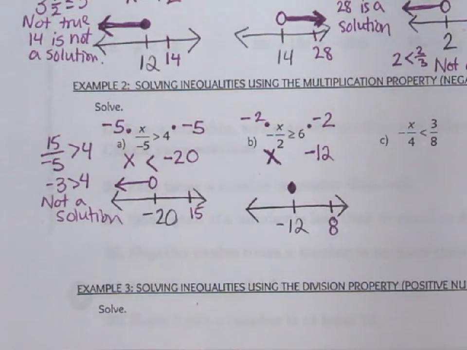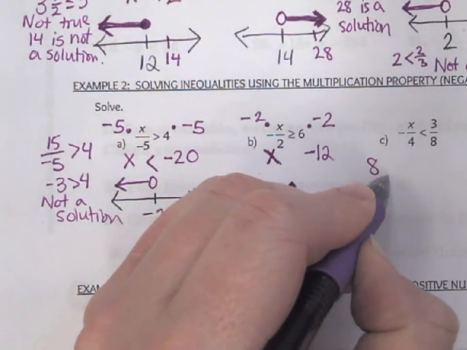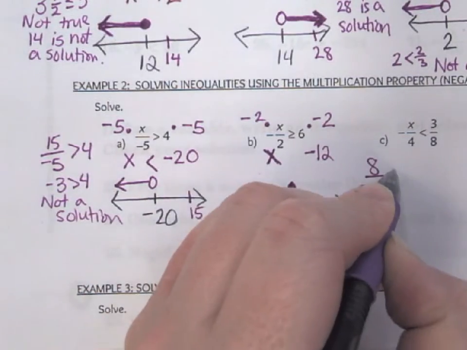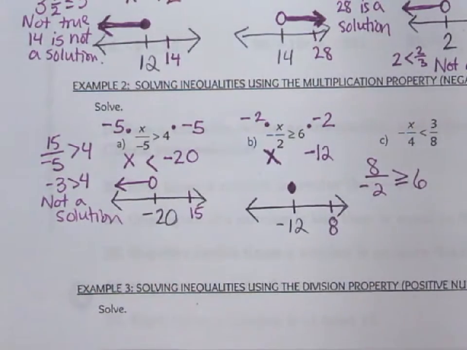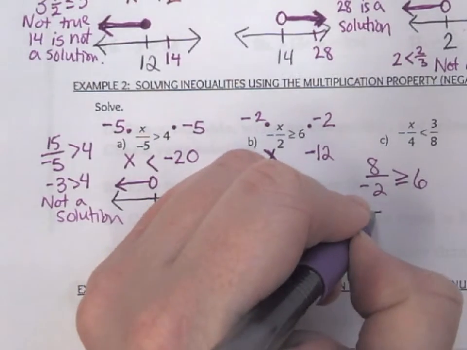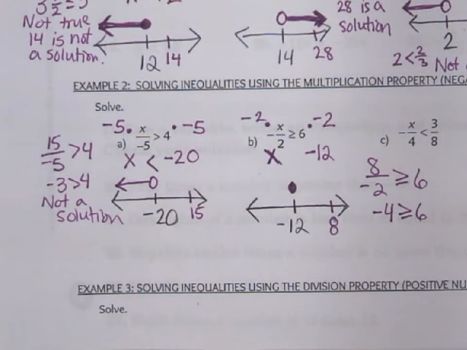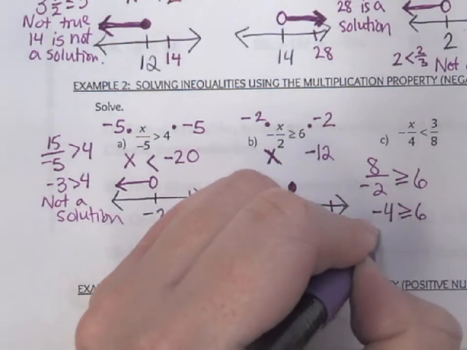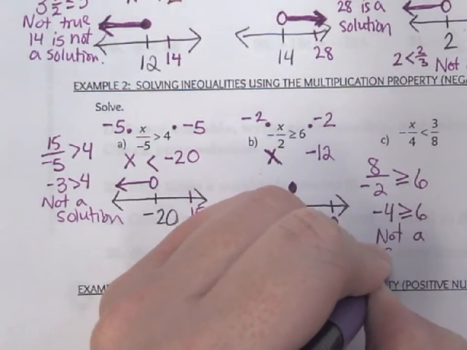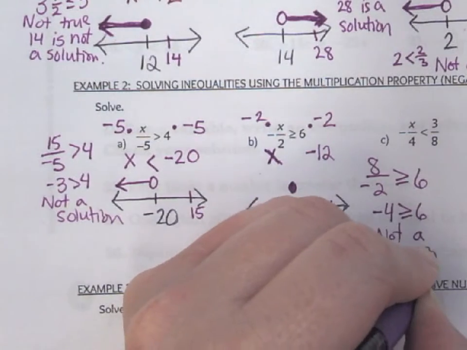So we're going to try substituting in the 8. Okay. So if I have 8 greater than or equal to 6. 8 divided by -2 is going to be -4. Is -4 greater than 6? No, so not a solution.